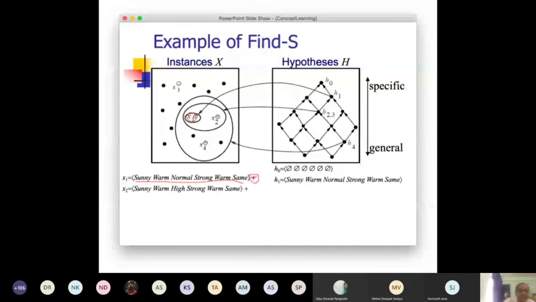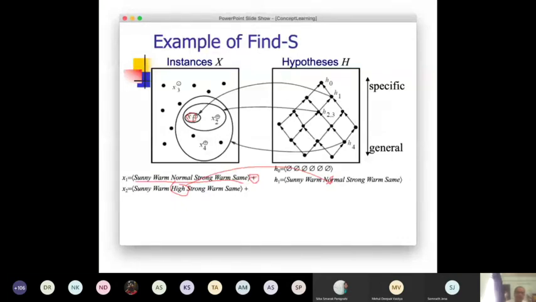So this needs to be generalized, but normal is also accepted. As I mentioned, if the attribute value is not the same as the attribute value shown in the hypothesis, which is the least specific hypothesis you presently have, then it should be generalized.